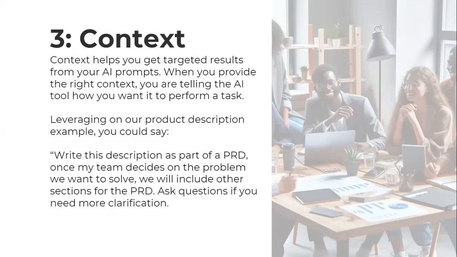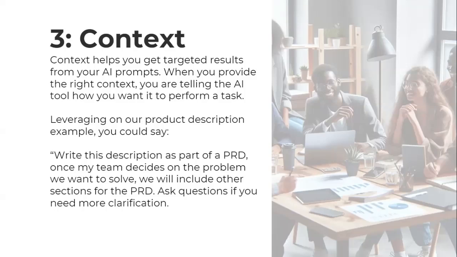Why do we need context? You can just drop a prompt that is not well drafted and it will give you things out of scope. But with context, you provide AI with the right information on how you want the task to be performed.